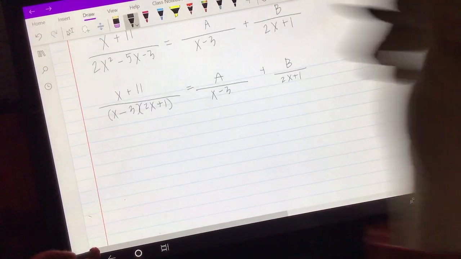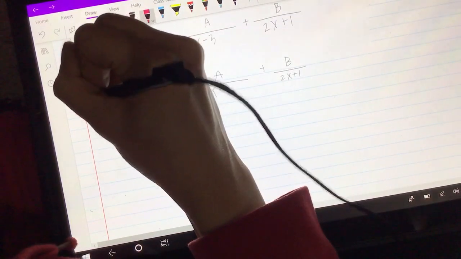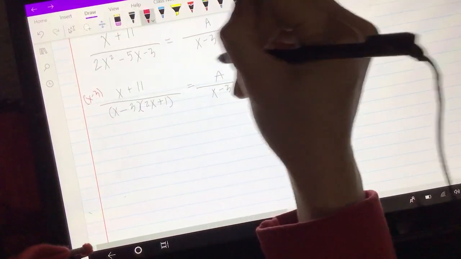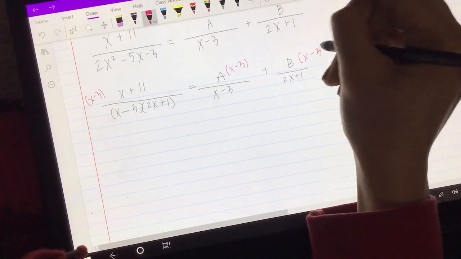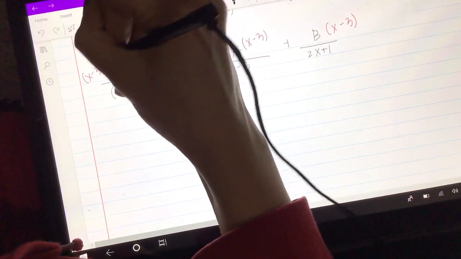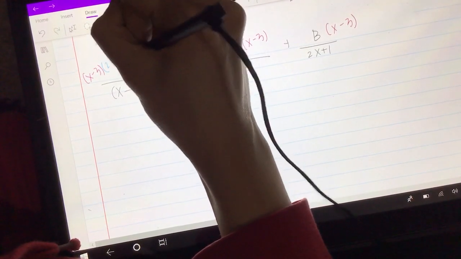Okay, now I need to multiply by every factor that I see. So I have x minus 3 gets multiplied by every term, and 2x plus 1 needs to multiply by every term.